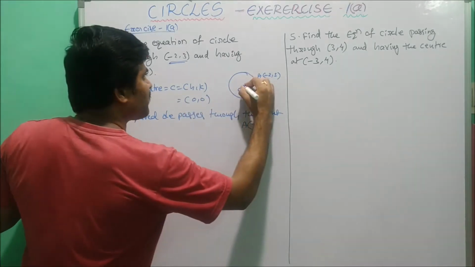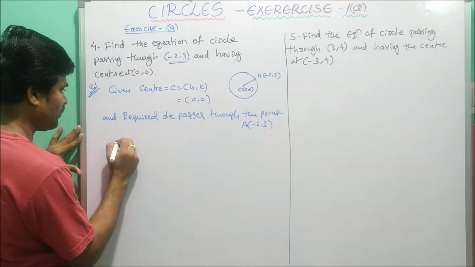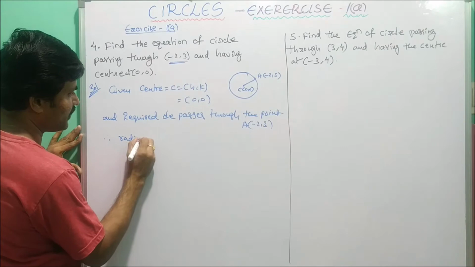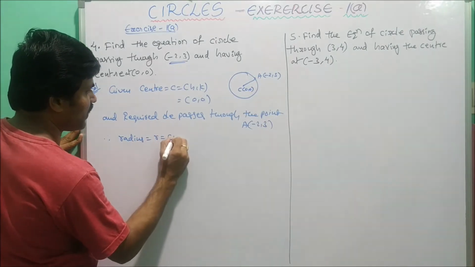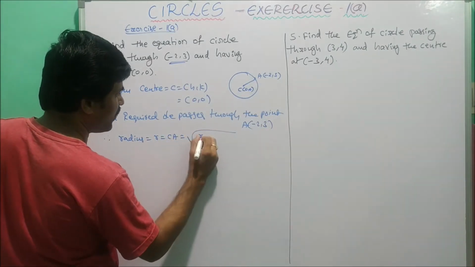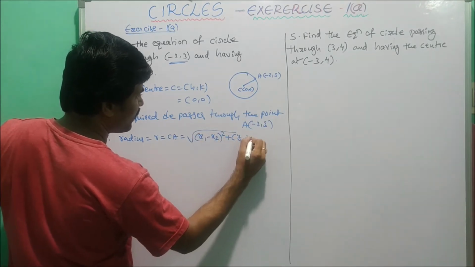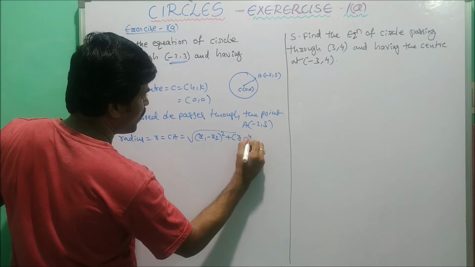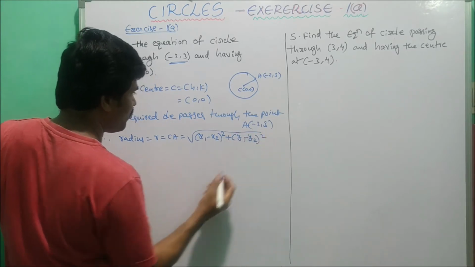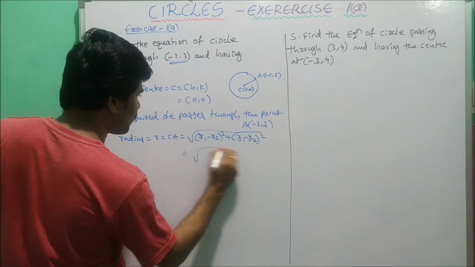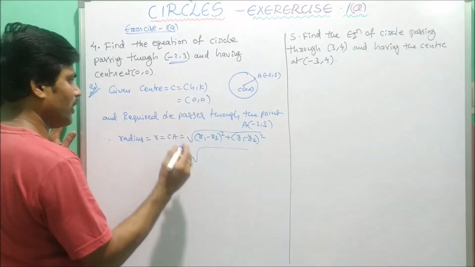Next, to find the distance between these 2 points, that is the radius. Radius r = CA, using the distance formula, square root of (x1 minus x2) whole square plus (y1 minus y2) whole square. Now we substitute the center and given point.